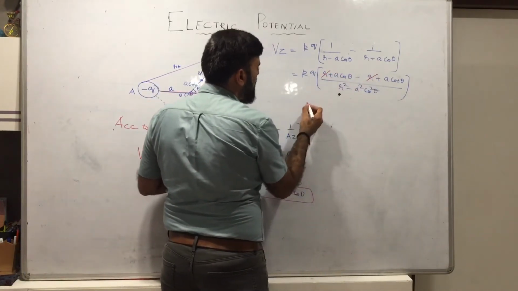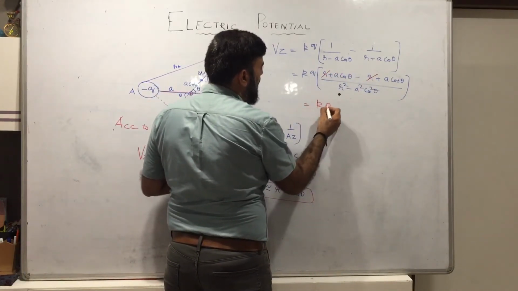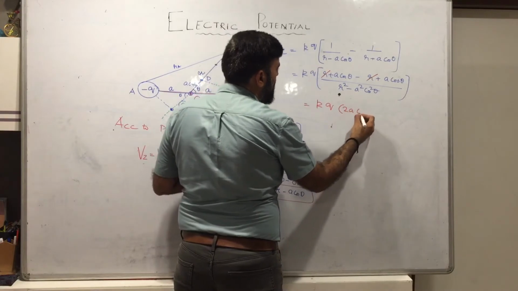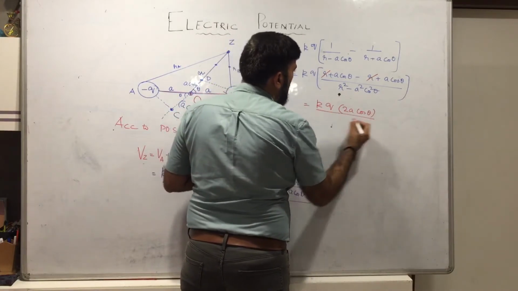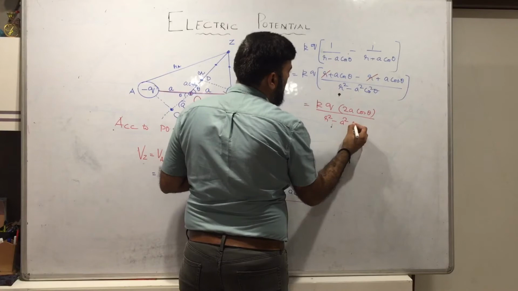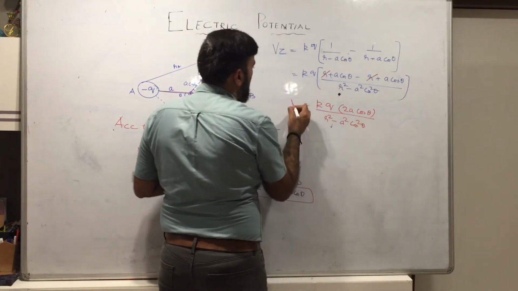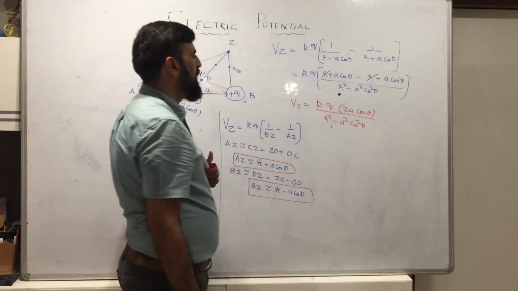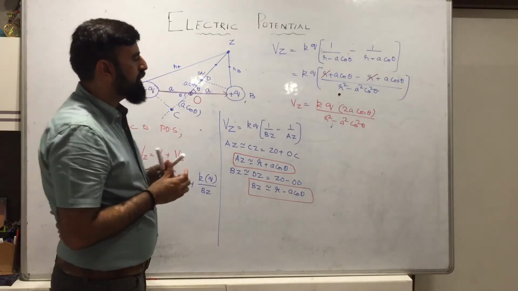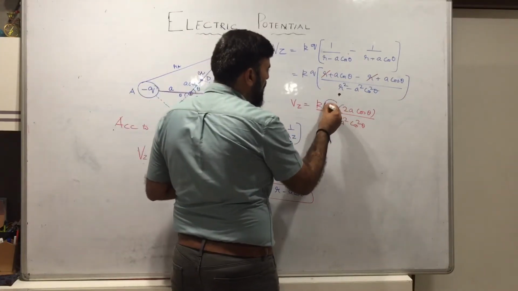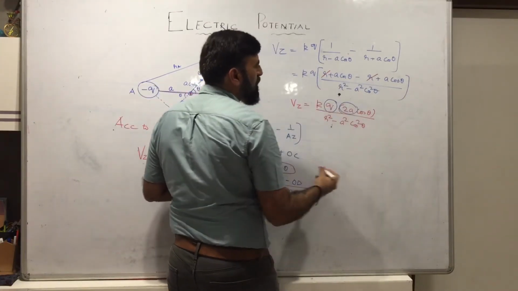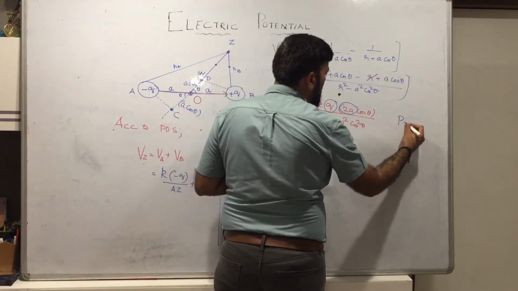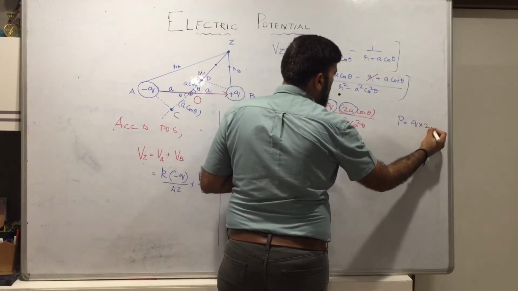R cancels out. This gives me what? This gives me K, Q, 2A cos theta upon R square minus A square cos square theta. That is potential at Z. K Q 2A cos theta. Now what is Q into 2A equal to? We know it is equal to P. Dipole moment is Q into 2A.